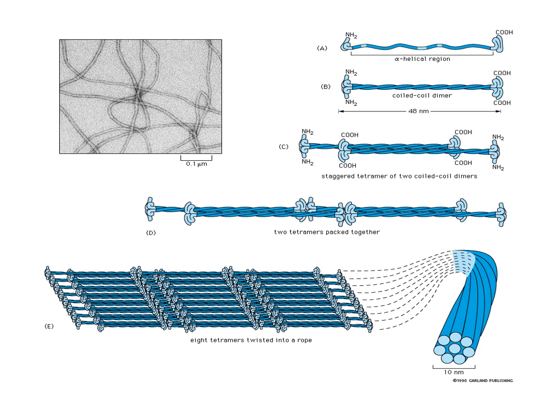So you have a long alpha helical region of the filament protein. It coils into a dimer, and that's a coiled coil. Then staggered tetramers form together, and 2 of those come together as 8, and 8 tetramers will be twisted into this rope concept here, and that is a filament.